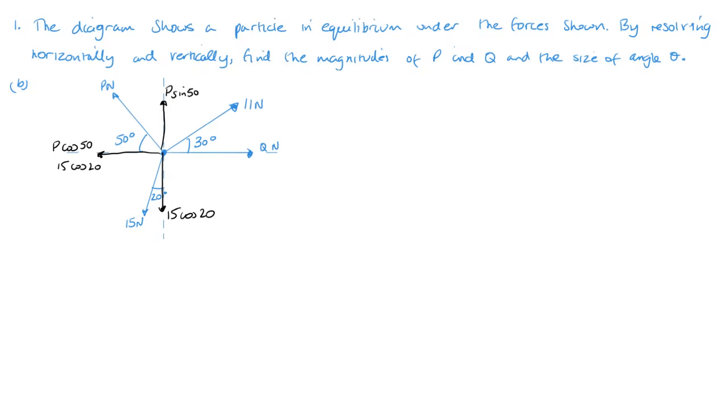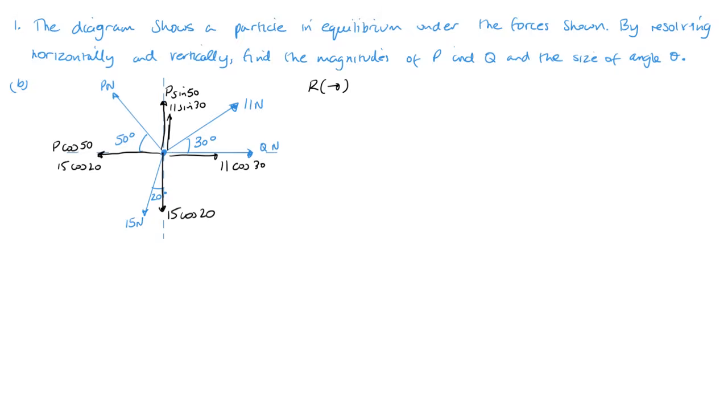Now the 11 newtons going up will be 11 sine 30, and going to the right will be 11 cos 30. So I've sorted out my forces.